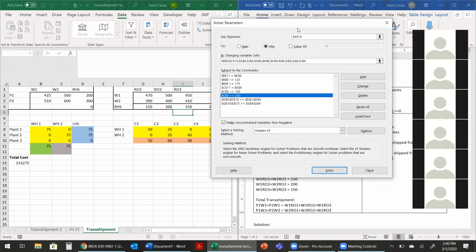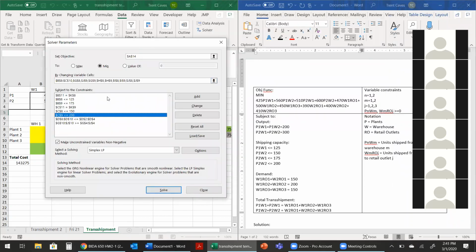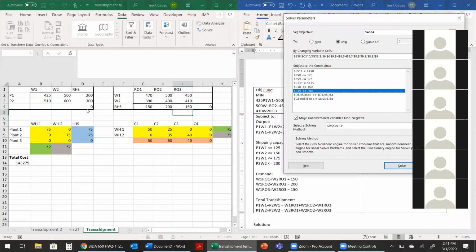So let's double check our constraints. And we've got our output constraints based on the values that we built into the chart, our demand constraints, our total transshipment.